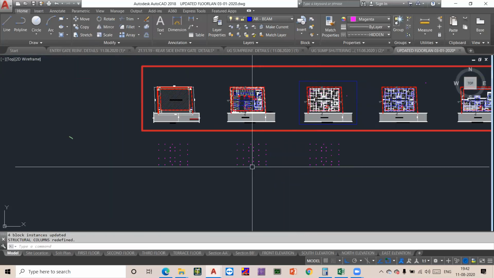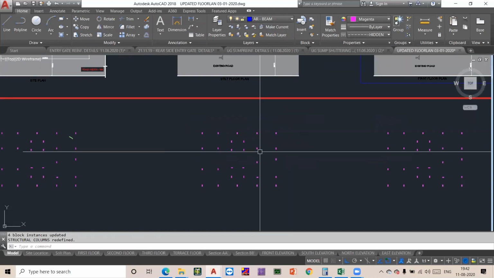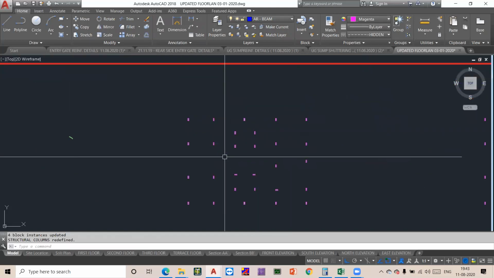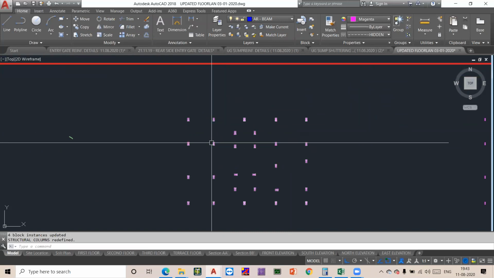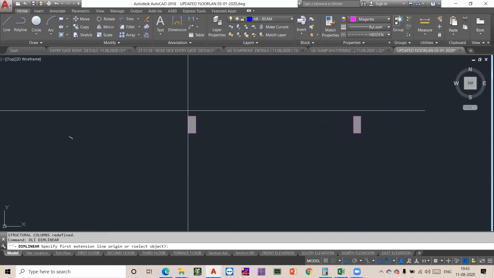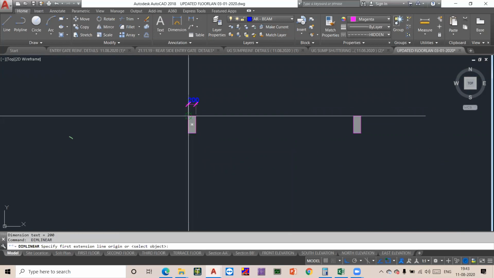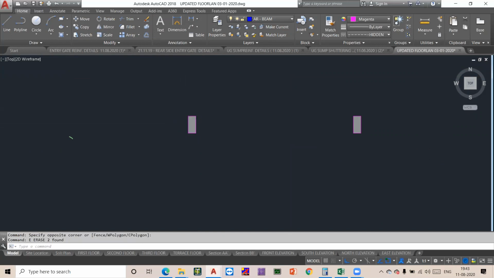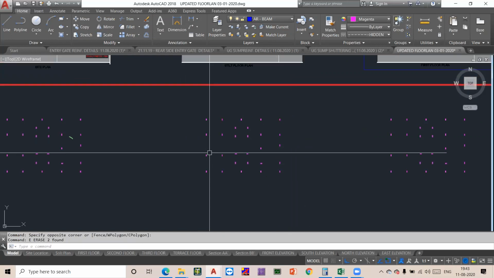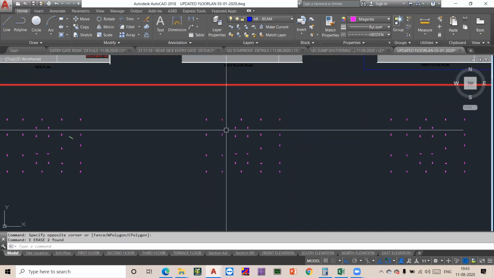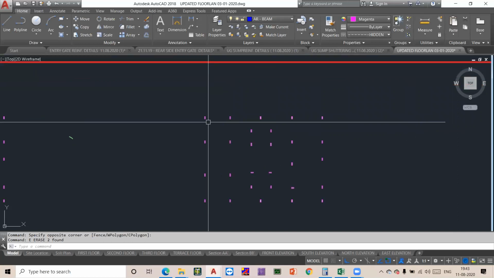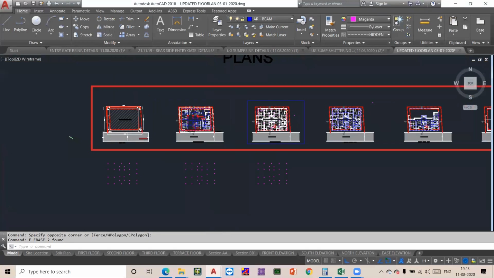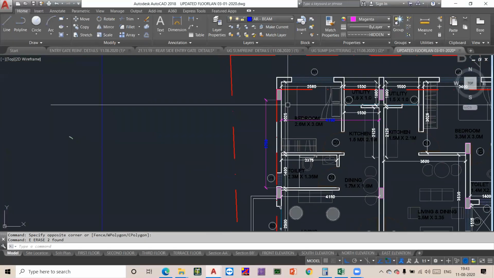This is the positioning of my columns with the initial assumed dimensions, which are 200 by 450. To begin the analysis, we have assumed 200 by 450, and after analysis, if we find that the column is unsafe with 200 by 450, we will increase the dimensions further.